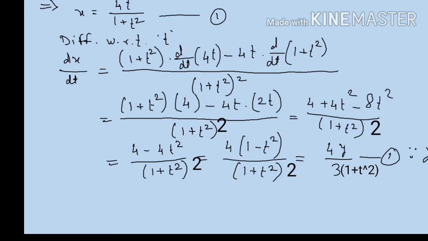Fine. Now we'll find dy by dt. Also y is equal to 3 times (1 minus t square) upon (1 plus t square). Again this is u upon v form.